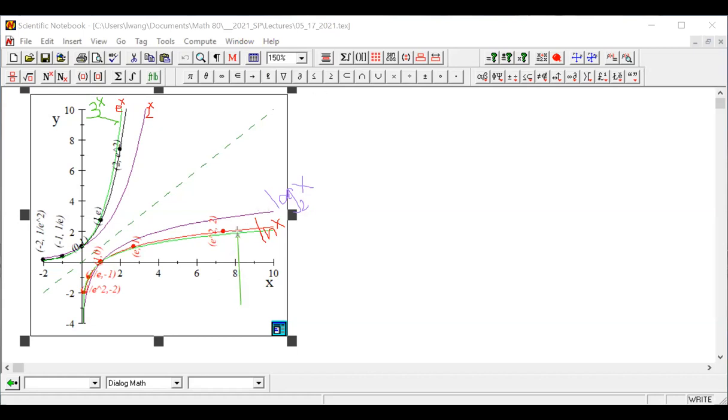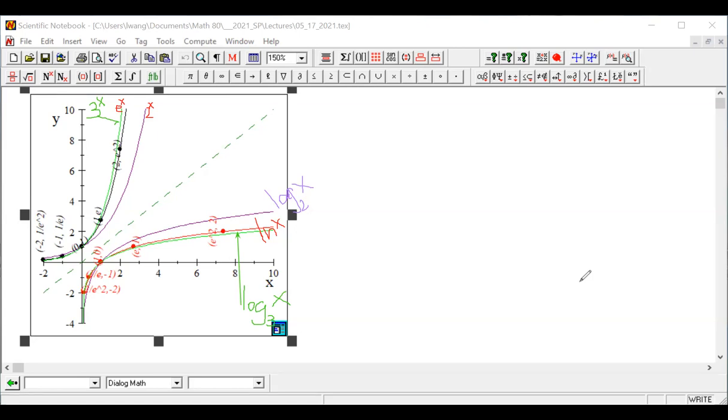That green is log base 3 of x. So their relative positions are like that.